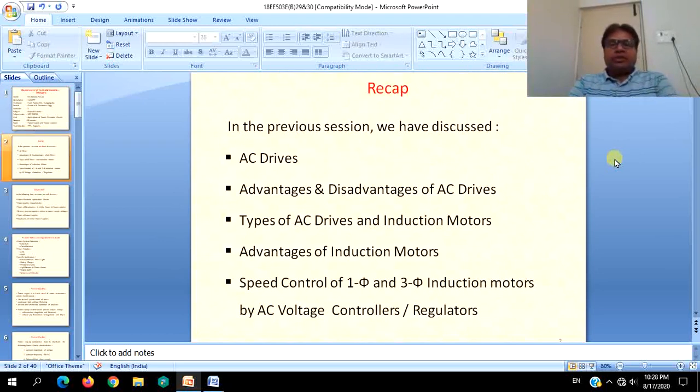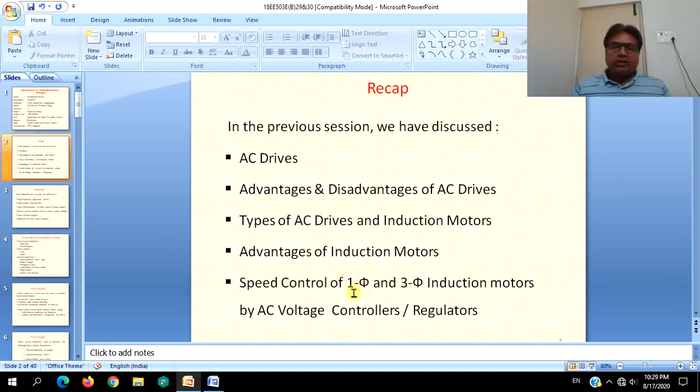In the previous session where the 5th unit ended, we discussed the applications of power electronic converters in the form of speed control of DC and AC motors in that unit. In the last session, which was the last topic, we discussed the speed control of particularly three-phase induction motors by AC voltage controllers or regulators.